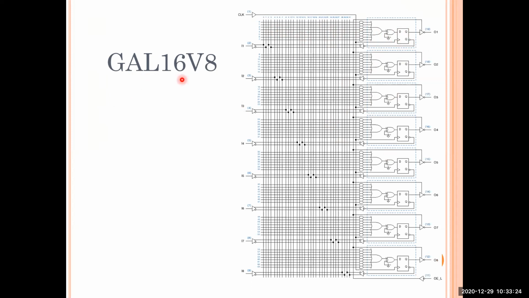That is the GAL16V8. See now, each output is programmable, either combinational or registered. Why am I talking about combinational programmable? Because depending upon this control line, all these AND gates are being programmed.